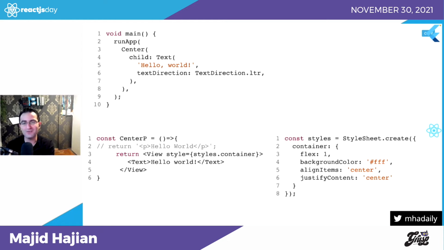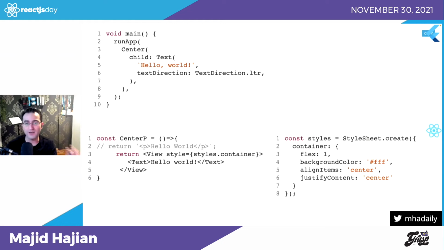But in Flutter, instead of doing it this way, which is more imperative, you're going to have a more declarative approach. You say, oh, I'm going to have a Center widget. That's a component, and that's going to have a child. Oh, perfect. And then that child is actually a Text, which is going to render hello world.